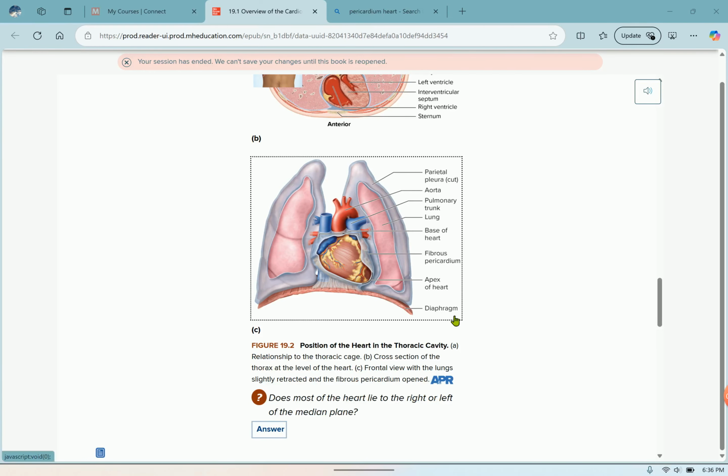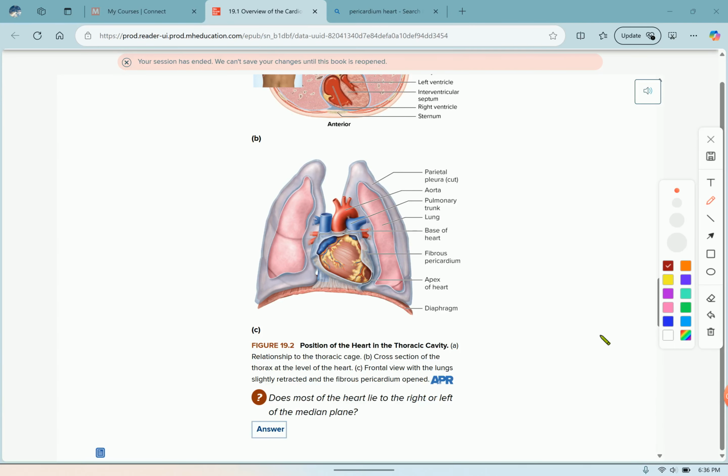Okay, when you see the word apex versus base, here's the apex of the heart, and then there's the base. Apex means things that come to a point, and base means things that are flat.